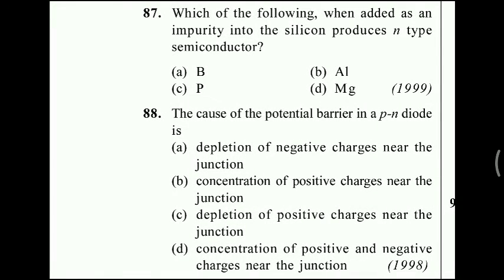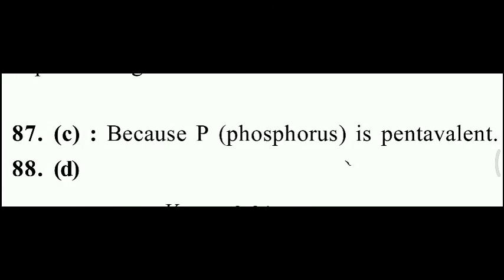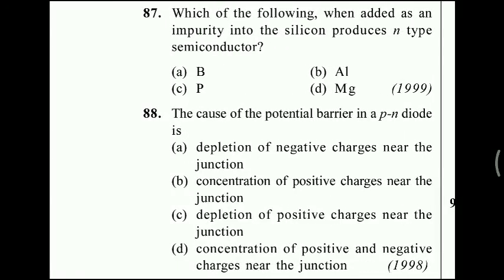Coming to the next question: the cause of potential barrier in a PN diode is depletion of negative charge near the junction, concentration of positive charges near the junction, depletion of positive charge near the junction, or concentration of positive and negative charges near the junction. Yes, D. Concentration of positive and negative charges near the junction.